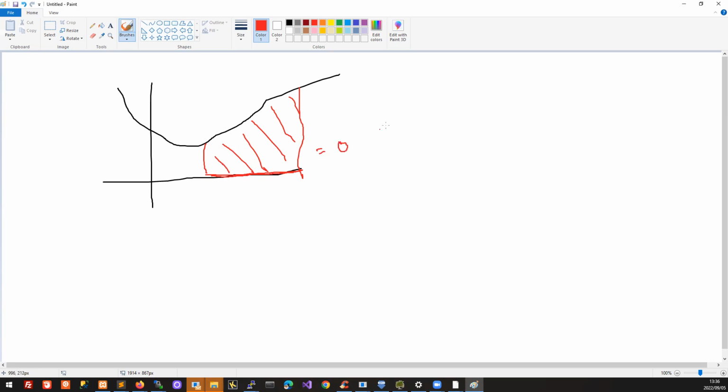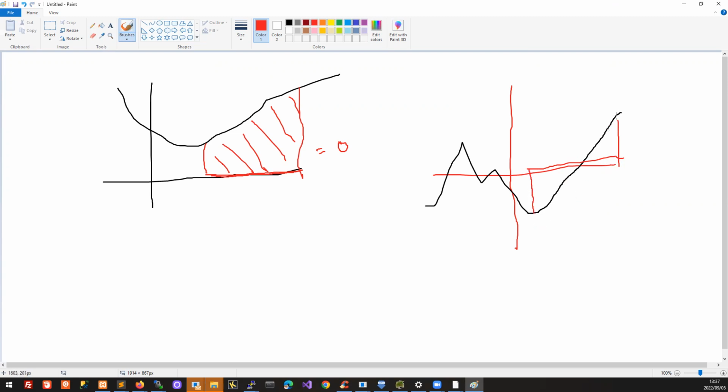So then we have to think, well, under what conditions could this equal 0? What can we say about this function for this to equal 0? Well, number one, maybe your function goes negative and positive across that range. So maybe over the range that we are interested in integrating, the function looks like this, so that the negative parts cancel with the positive parts.